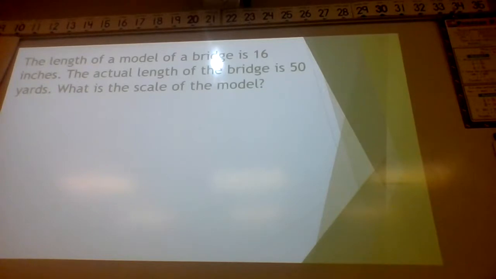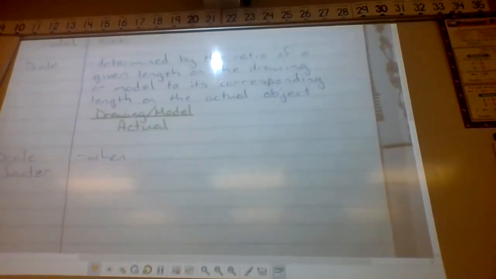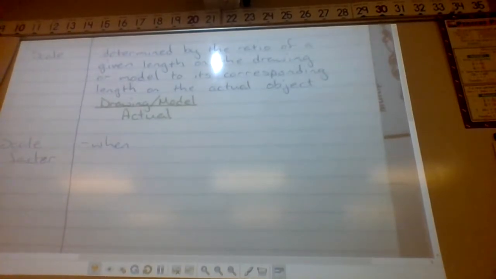Okay, you guys ready? We have one more vocab to go over. Scale factor. Now, scale factor is a little bit different than scale because scale factor is a little more specific. On those scales, do you have the same units?